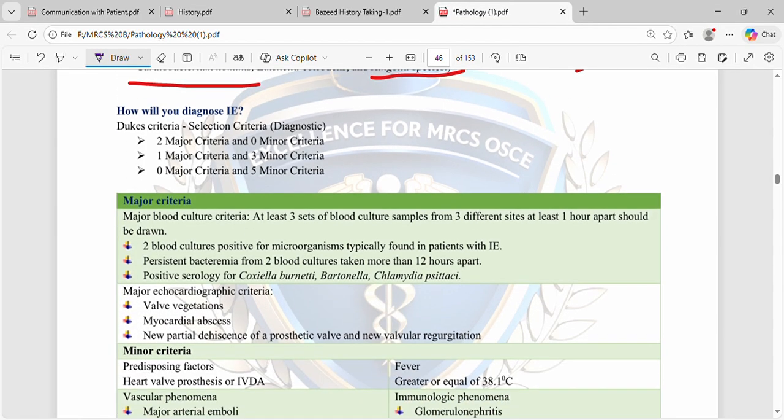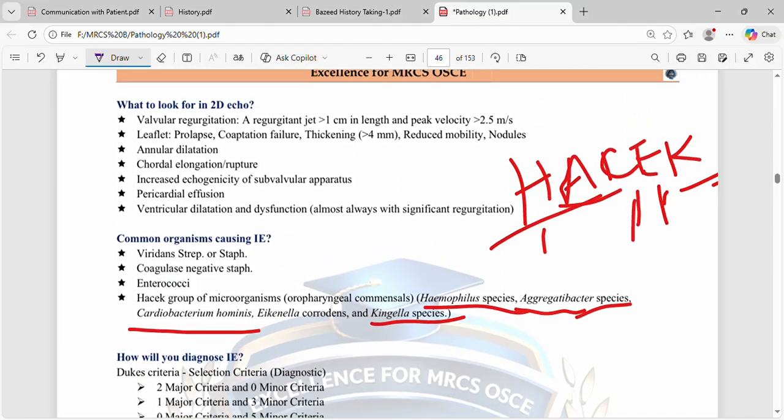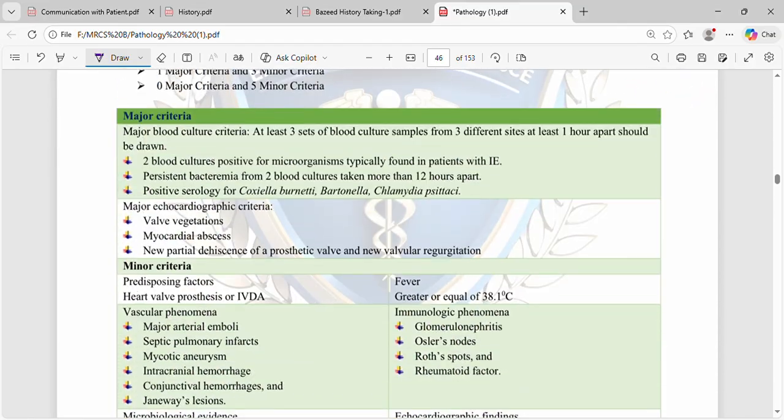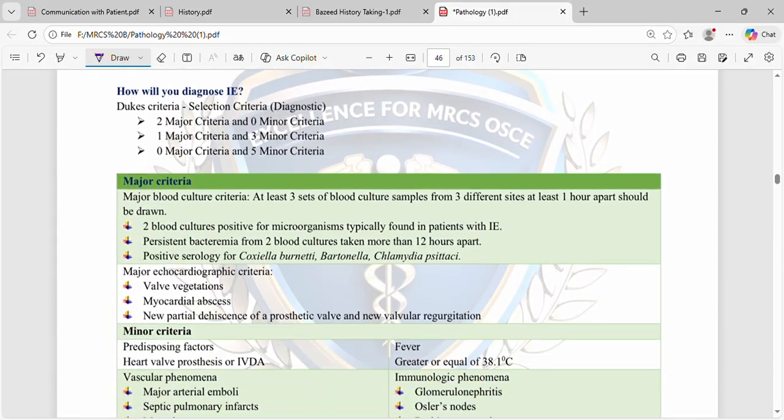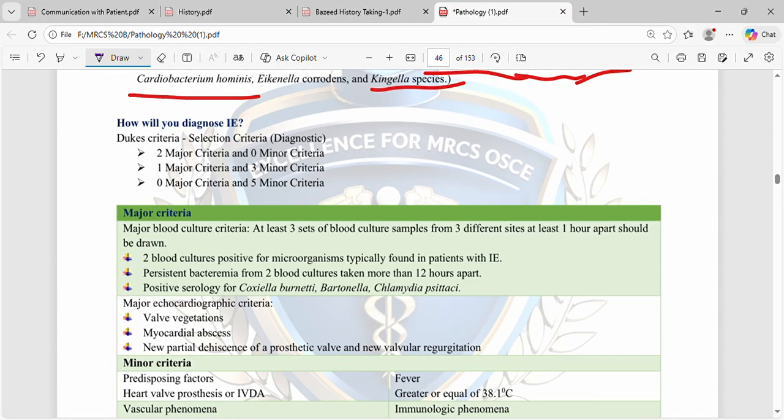How will you diagnose infective endocarditis? By the Duke's criteria. Diagnosis requires 2 major criteria and 0 minor criteria, or 1 major criterion and 3 minor criteria, or 0 major criteria and 5 minor criteria.